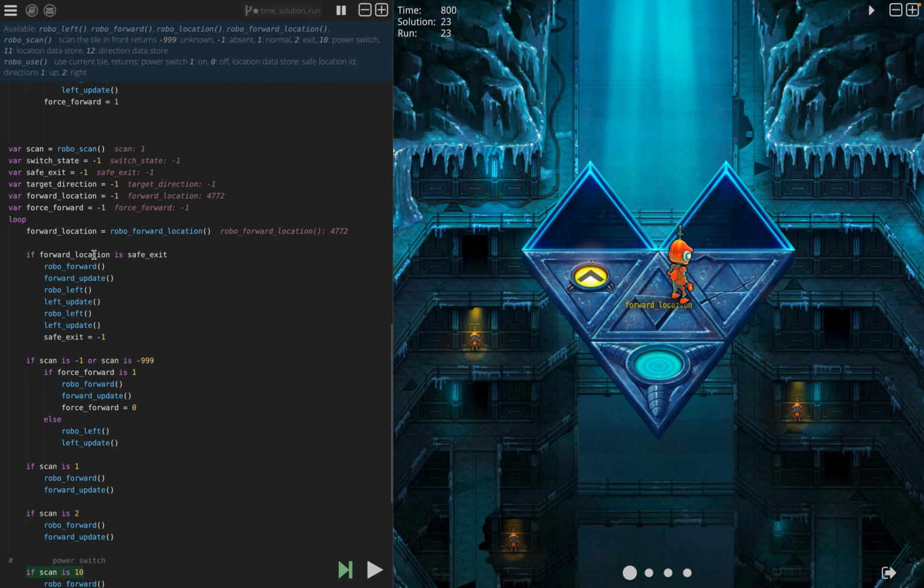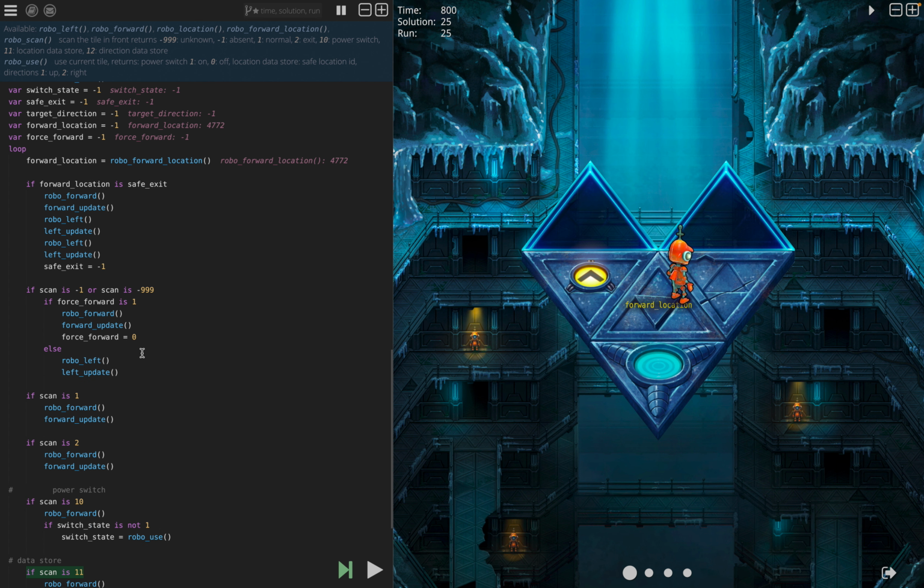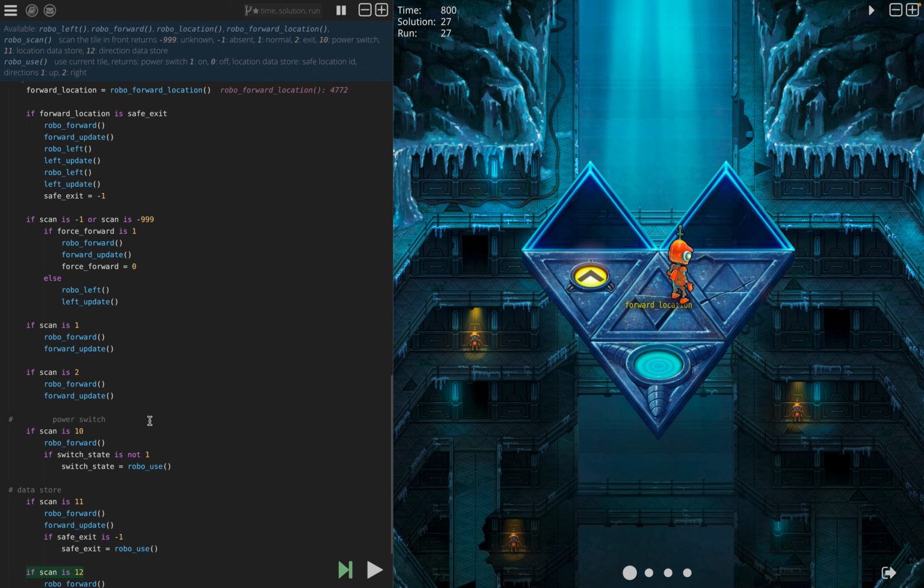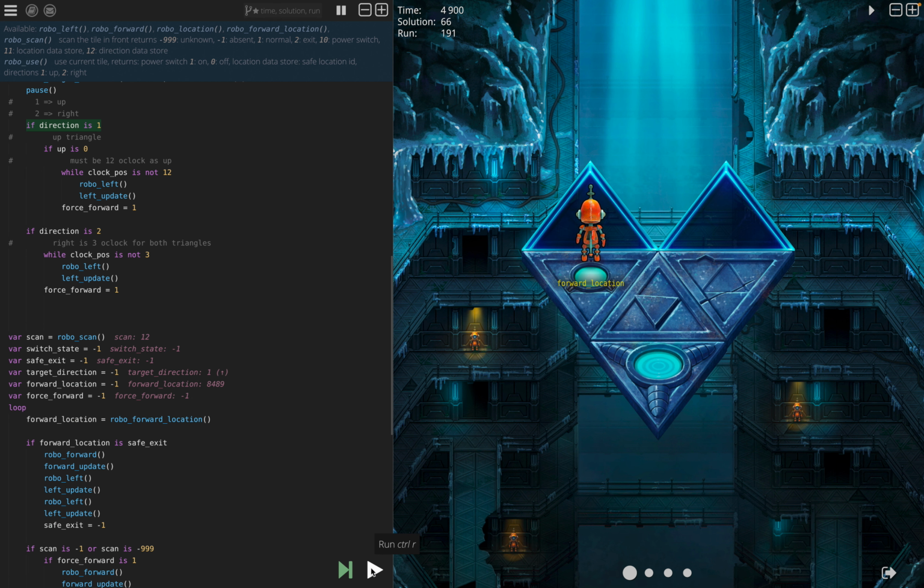And then we take our usual loop, and every time we move forward, I call forward update, and when we move left, I call left update. Then we have these variables, and we know where it's going. You see it's scanning, going, and I added the pause command in order to see the direction.